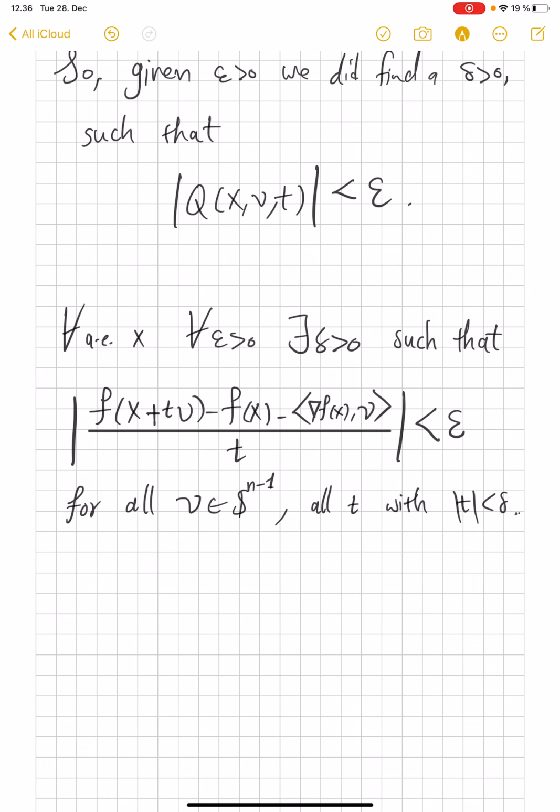And by the trick that I had shown you, this is basically just differentiability at x.